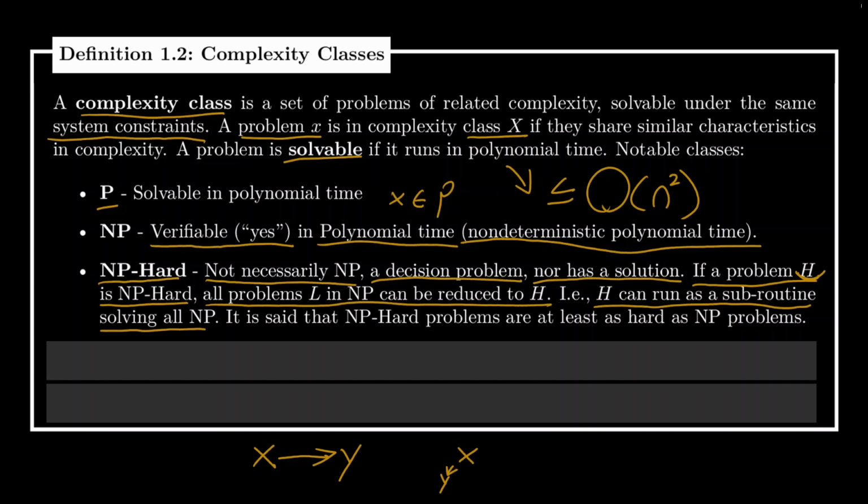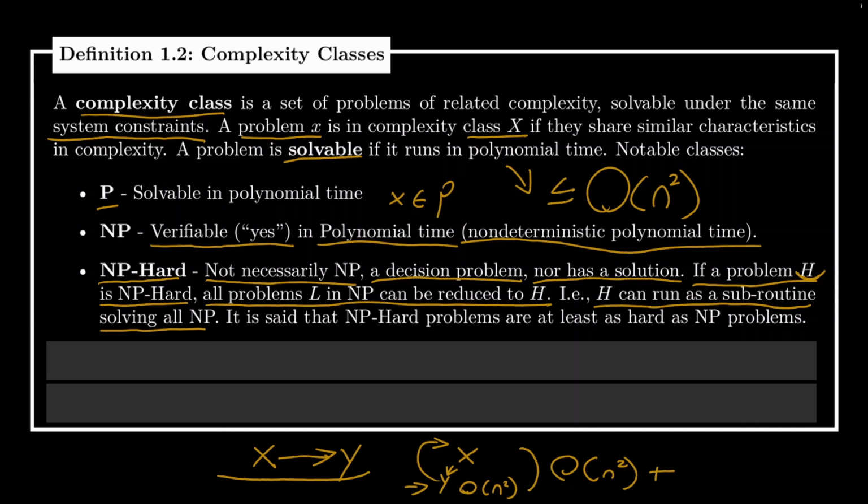This doesn't mean that if Y can run in n squared, and X can be reduced to Y, and we use Y as a subroutine to solve X, overall it's going to be big O of n squared. It just means that we can have a subroutine of Y solve the problem, and the problem might have multiple uses of Y, differences in Y, or we might incur for loops.